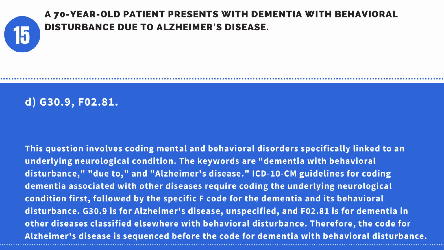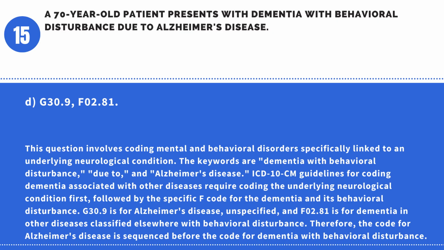Answer: D. G30.9, F02.81. This question involves coding mental and behavioral disorders specifically linked to an underlying neurological condition. The keywords are dementia with behavioral disturbance, due to, and Alzheimer's disease.